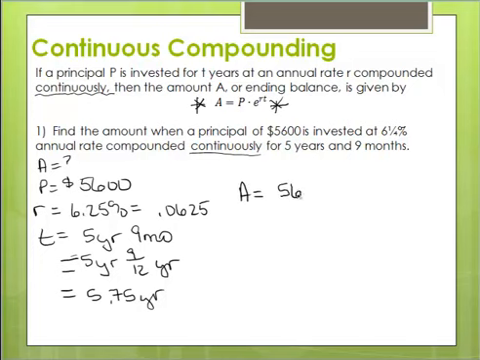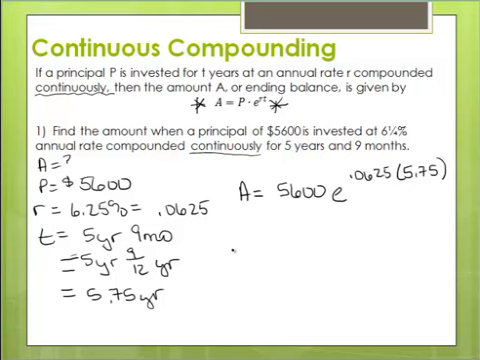So A is equal to 5,600 times e to the r, 0.0625 times t, which is 5.75. So when I put this in my calculator, it's going to look like this. 5,600 e to the 0.0625 times 5.75.